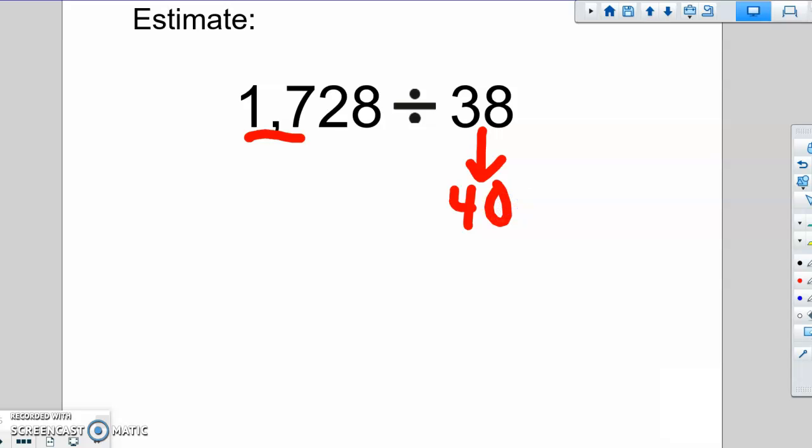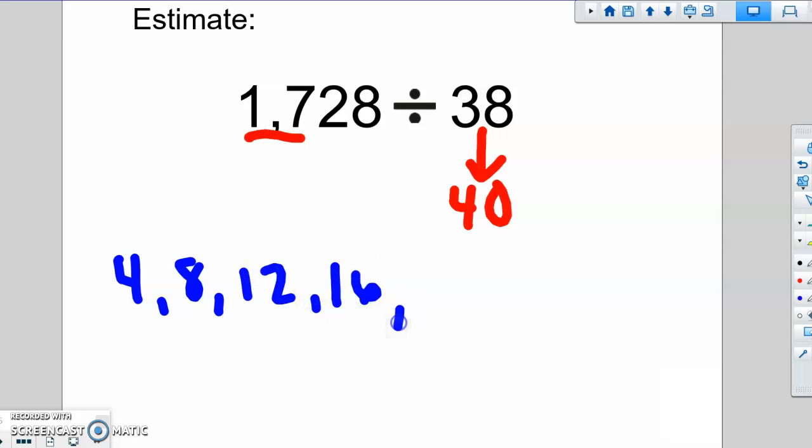Okay, once I have rounded my divisor, I'm going to list out the multiples of the digit in my divisor, which is 4. So I'm going to list those out here. All right, so I've listed out my multiples of 4.